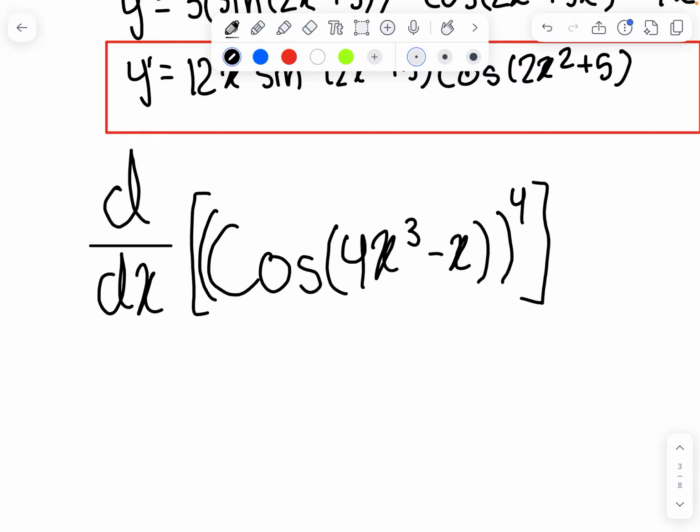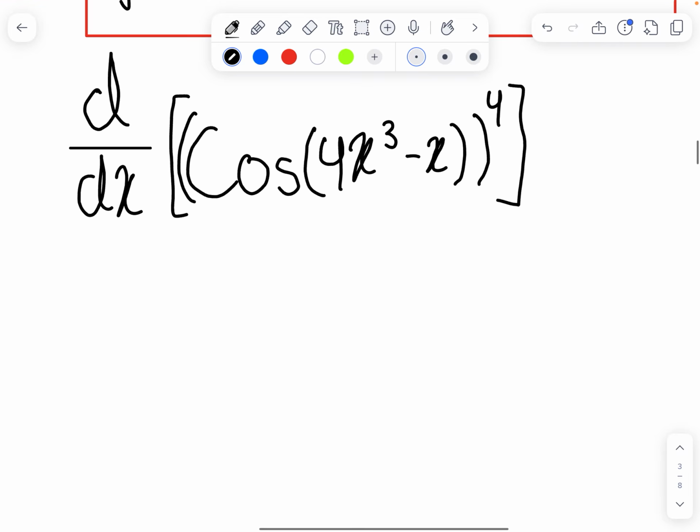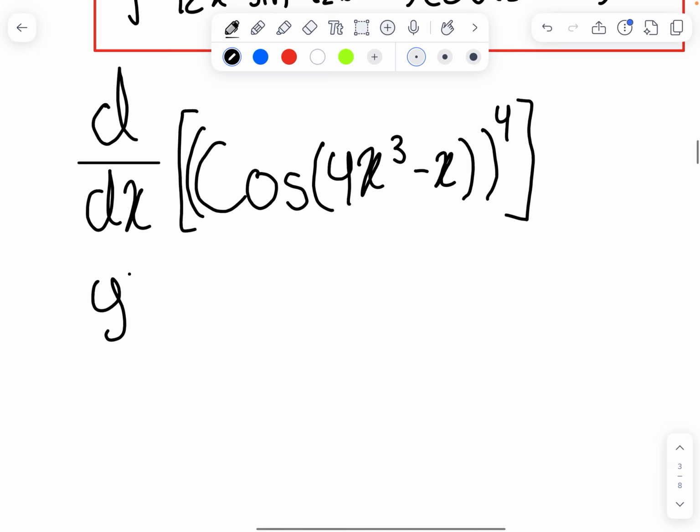Okay, so as before, work from outside in. So, the outside is cos, right? So then the derivative of cos is negative sine x. So we start off with negative sine. Oh, first we have to do chain rule.